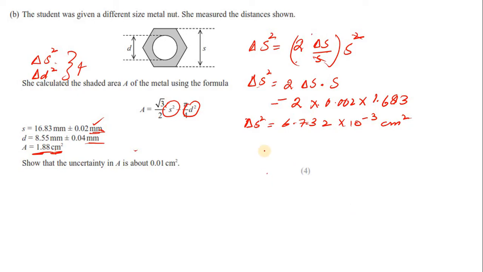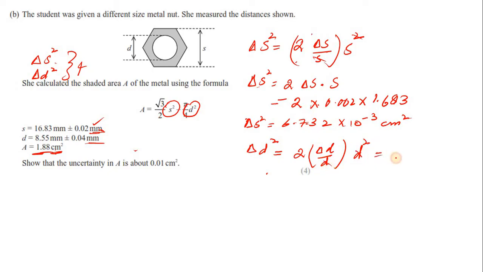In a similar way, you can do delta D square. So delta D square would be equal to twice of delta D over D into D square, and one D gets cancelled.